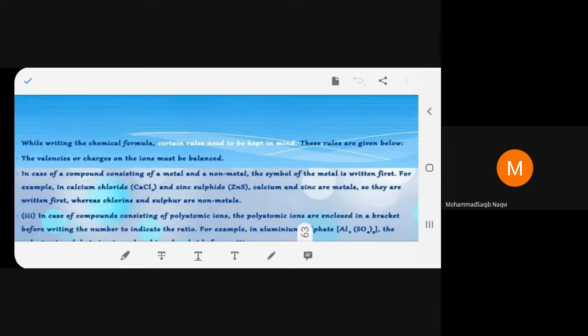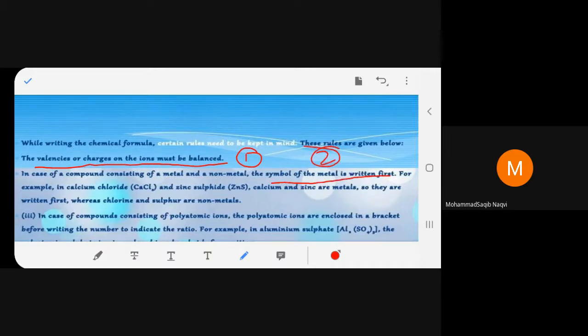Next. In case of a compound consisting of a metal and a non-metal, the symbol of the metal is written first. So first is this one. The valencies on it must be balanced. Second is the symbol of the metal is written first.